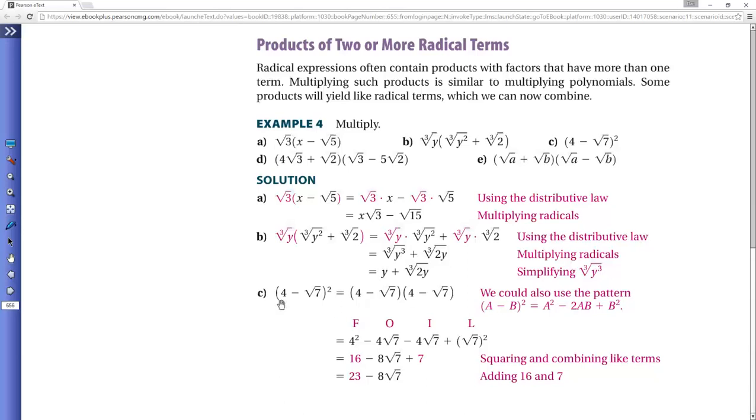If you remember how to do this, it's the first term squared, the last term squared, and 4 times this term doubled, right? So you get 4, or negative 4 square roots of 7, and you double that and you get a negative 8.